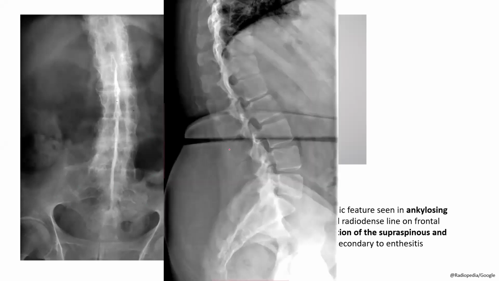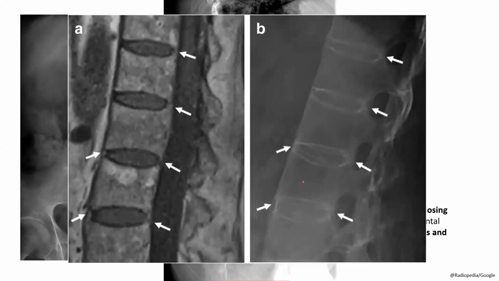There is another patient of ankylosing spondylitis in the early phase, where you find shiny corner sign and Romanus lesions. So Romanus lesions are basically erosions at the end plate and the corners, and shiny corner is sclerosis deep to it. So this is shiny corner sign or Romanus lesions.